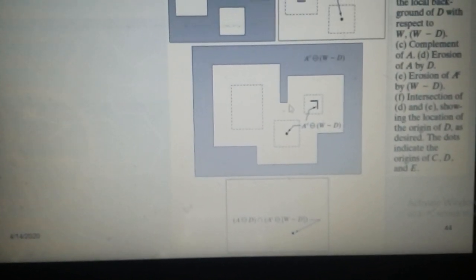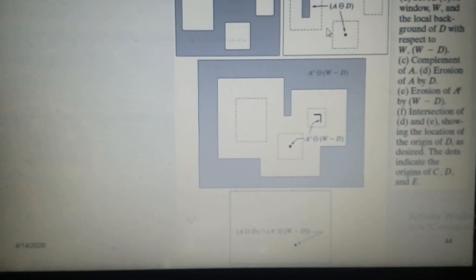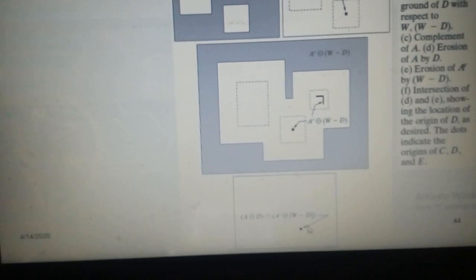We find the intersection of the previous two steps to find the match for set D.